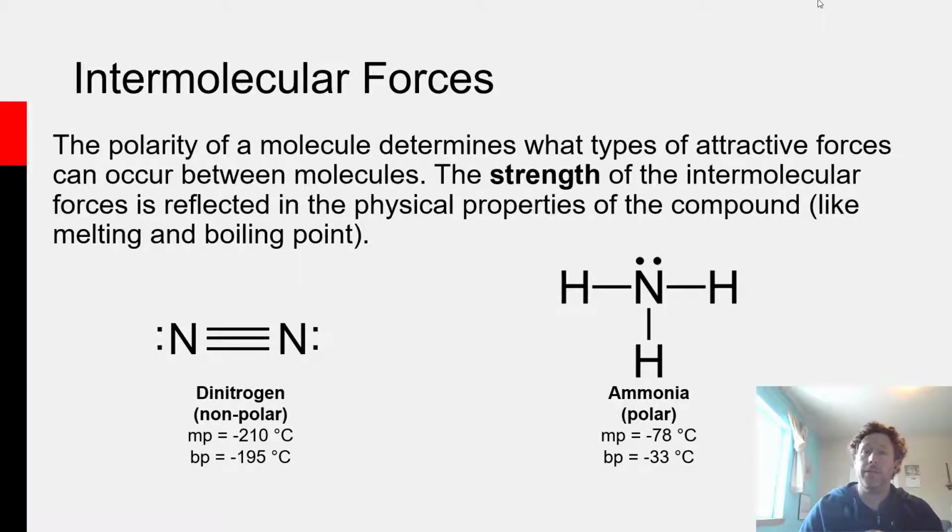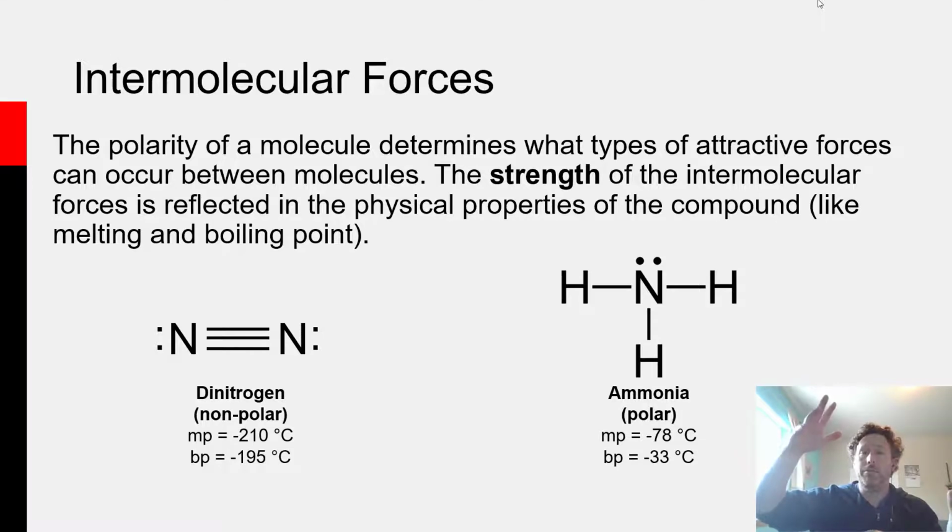Because all intermolecular forces are kind of a manifestation of Coulomb's law, which says that opposite charges attract, like charges repel. So the more polar a molecule is, the more likely it is to have more electron density here, less electron density here, and you have regions of partial positive and partial negative charge.